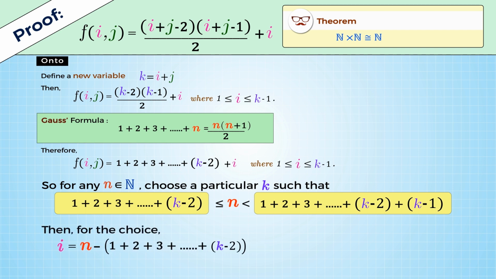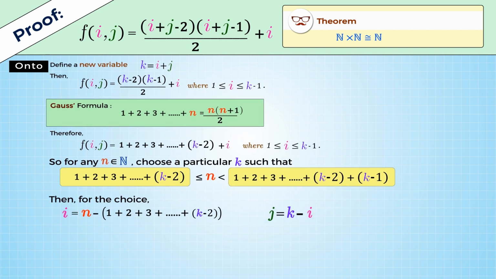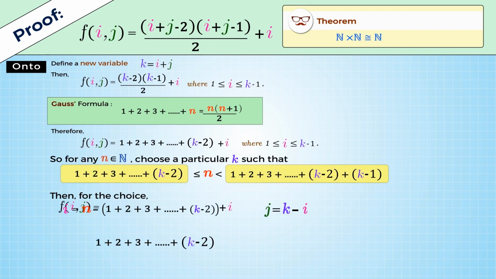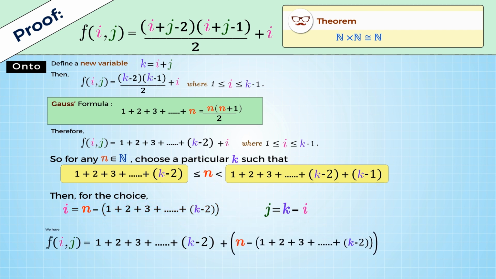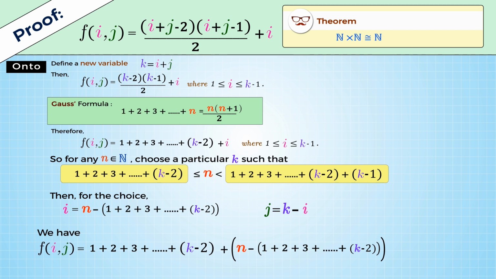Then for the choice of i equals n minus (1 plus 2 up to k-2), and j equals k minus i, we have f(i,j) equals 1 plus 2 up to k-2 plus n minus (1 plus 2 up to k-2), which turns out it's just n.